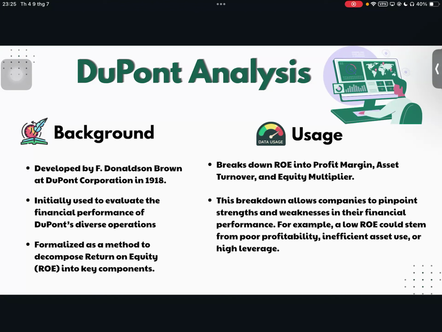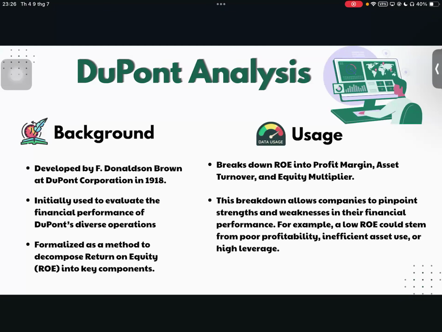From a procurement perspective, DuPont analysis can be applied to analyze a key supplier and assist them in improving efficiency. As you know, in LFM4 they mention a lot about strategic sourcing and supplier development, so DuPont analysis could be used for that.